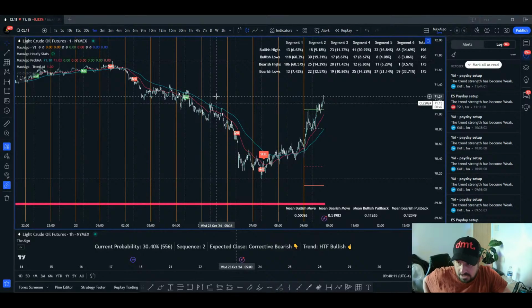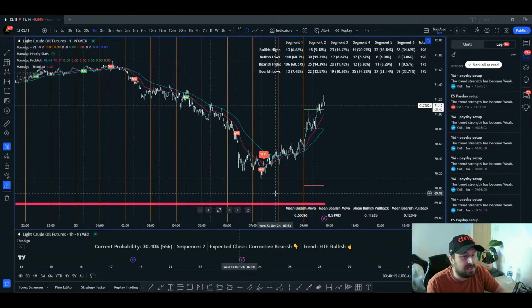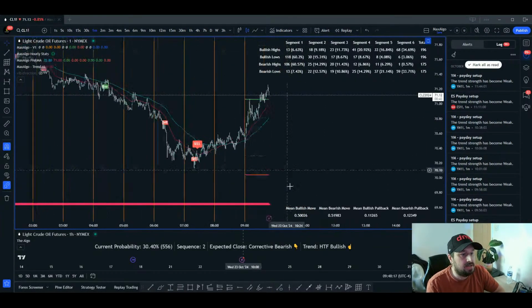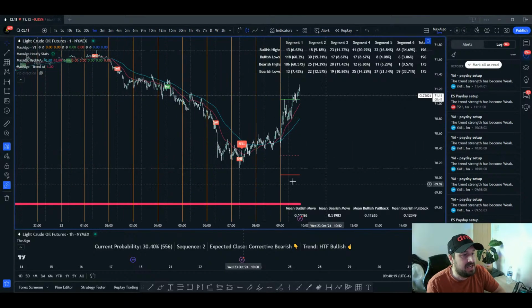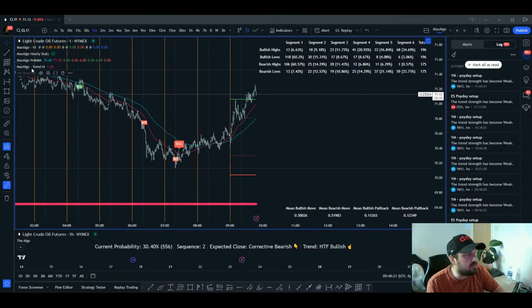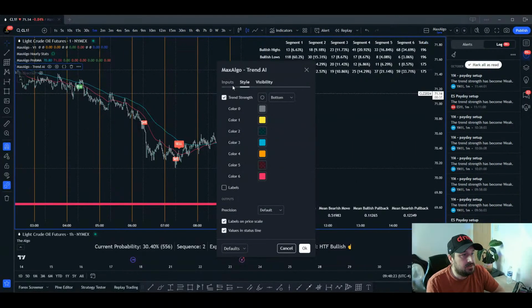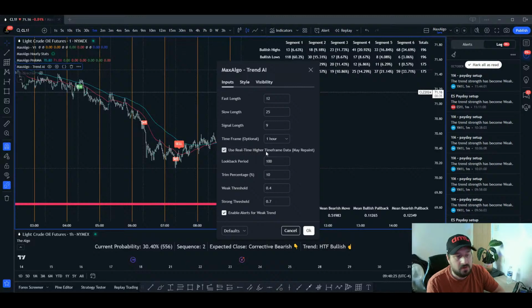It's customizable so that you can do it. What I would say is I like when I'm trading, I want to see the trend trading. So in Trend AI, it's set here to use real-time data. So as it's happening during the minute, I can see that trend changing. So sometimes I can capture moves early. If you turn it off, it'll wait until the hour's done and then give you the actual data for it.